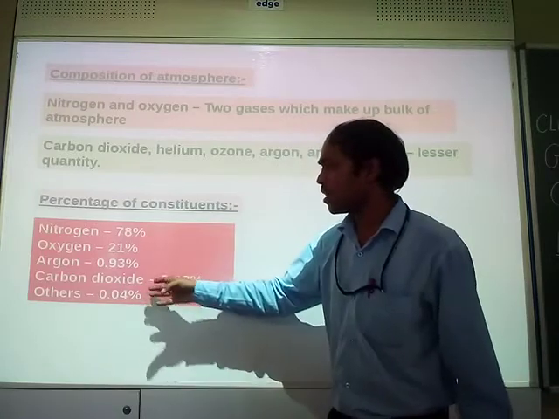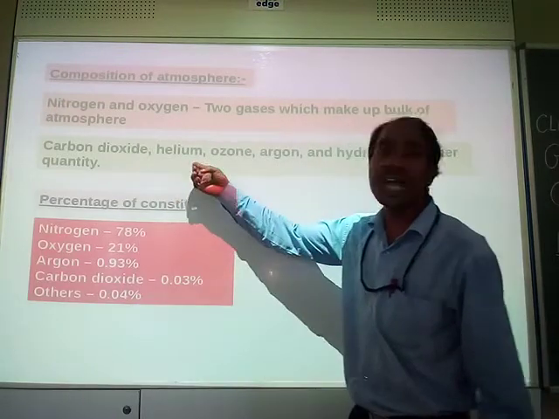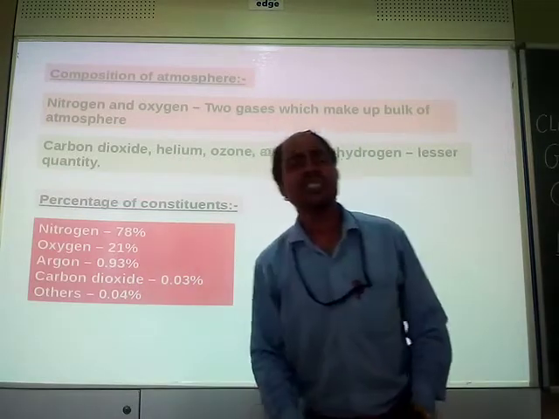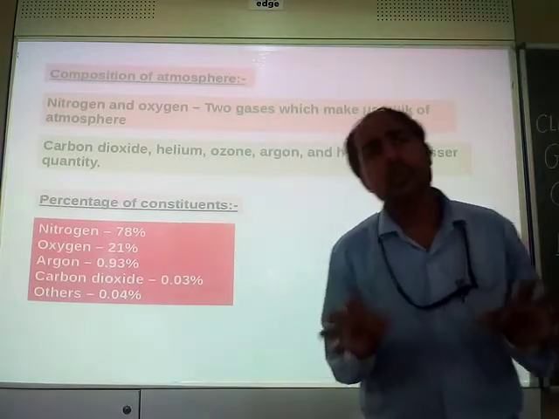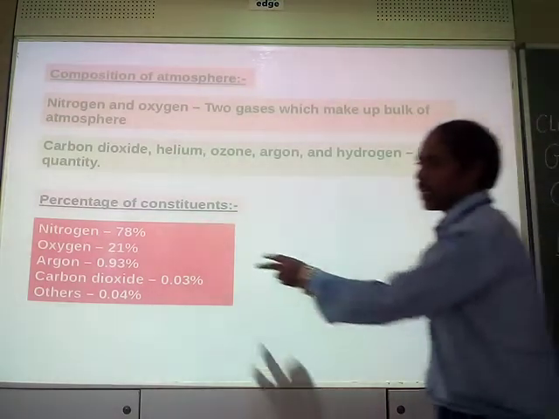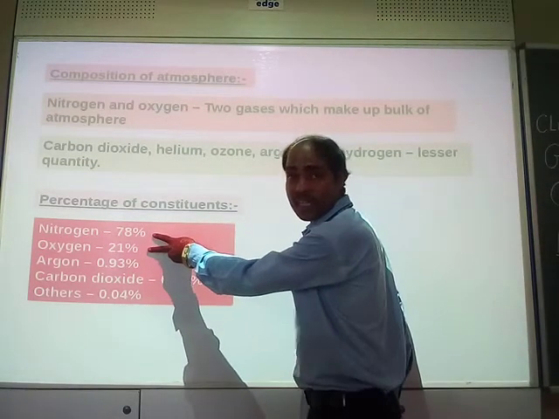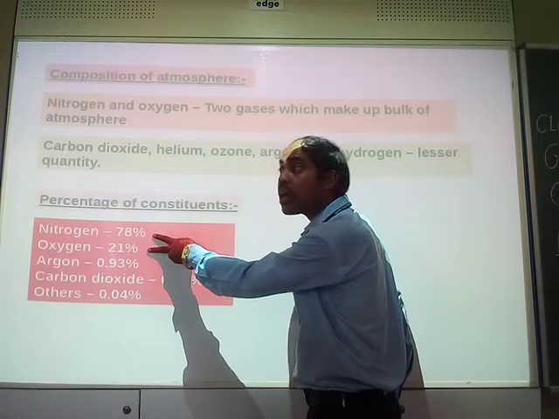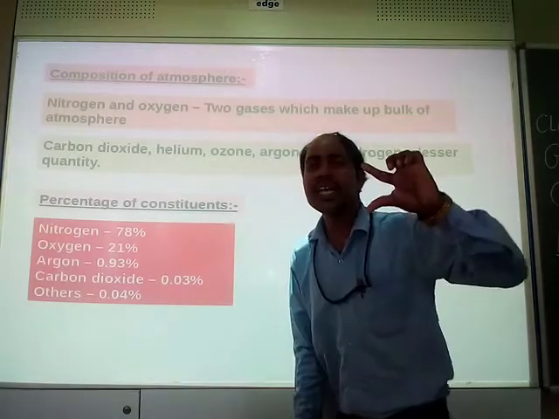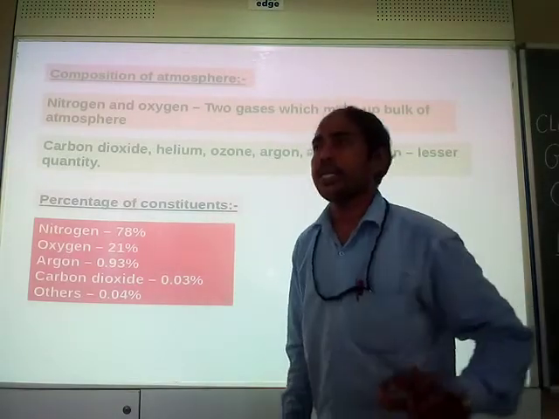Other gases, which are not included here, constitute only 0.04%. So see, these are the two major gases which form the atmosphere. The rest of the gases are in very small quantity. Clear?